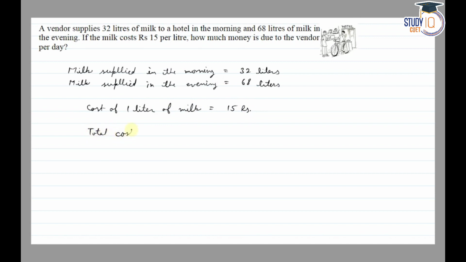Total cost of milk per day is equal to 15 into 68 plus 32, means total supply of milk per day into cost of a liter of milk, is equal to 15 into 100, is equal to 1500 rupees.